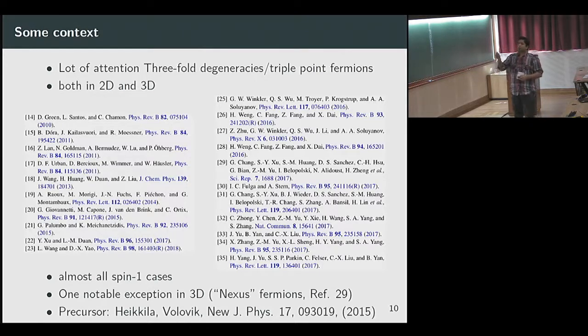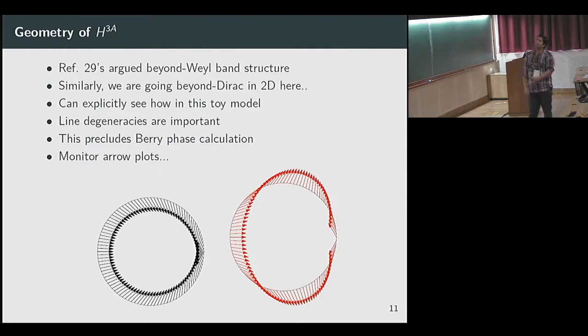So these were 2-band systems, and this was a 3-band case of that, which was termed nexus fermions. So let me try to understand the geometry of the model Hamiltonian that I wrote down. Reference 29 argued that the nexus fermions band structure that they have is a beyond-Dirac kind of band structure. I'll come back to this point at the end of the talk. It is in this sense that we are going beyond Dirac in this 2D case.